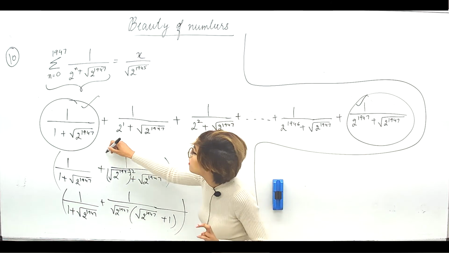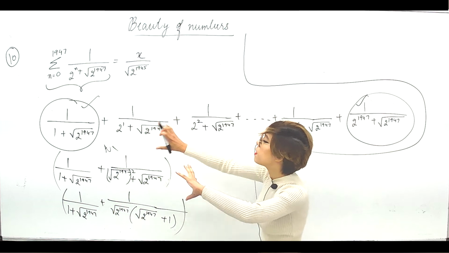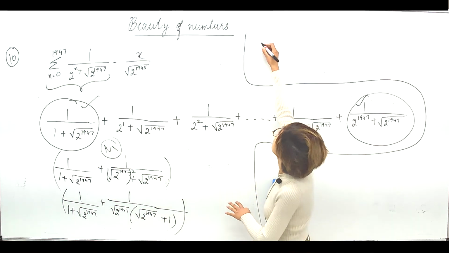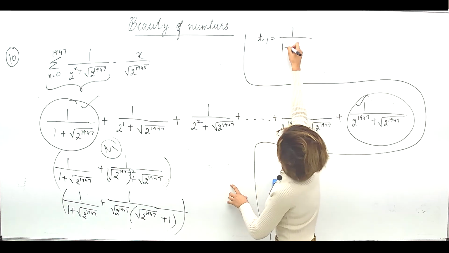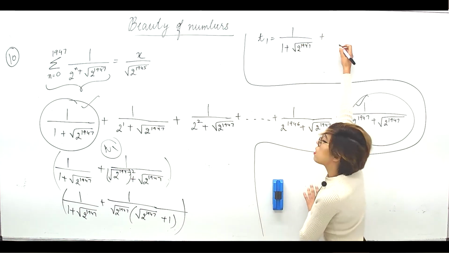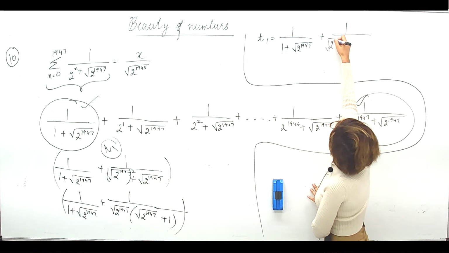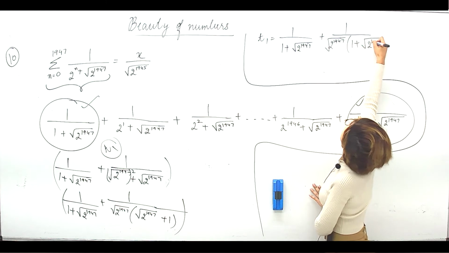So let me call this T1. I combined first and last in this new sequence and I call it T1. So let me see what this T1 is. So T1 is, I am writing it again: 1 plus square root of 2 raised to 1947 plus 1 by square root of 2 raised to 1947 into 1 plus square root of 2 raised to 1947.